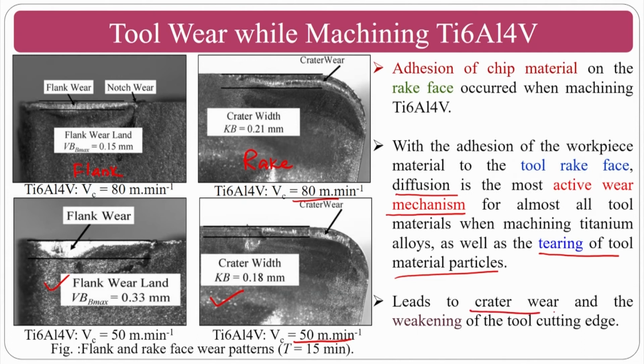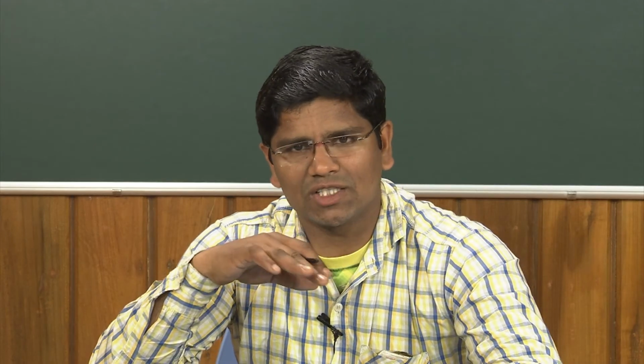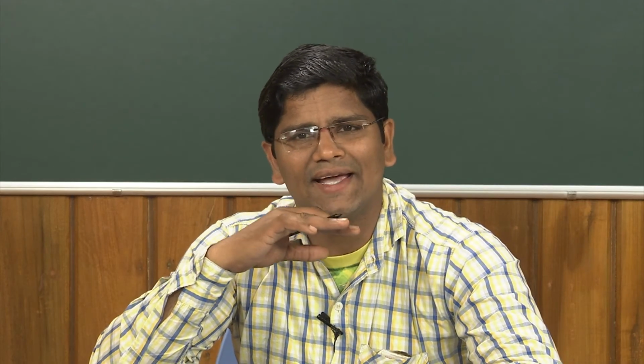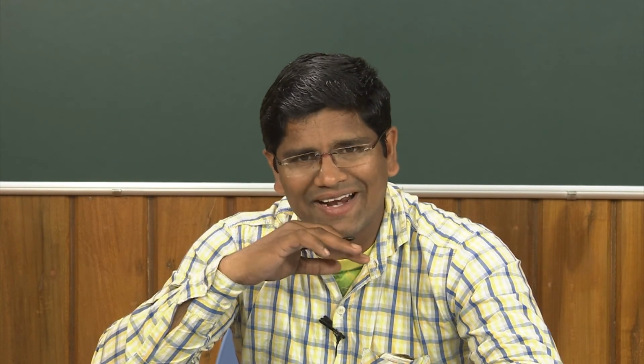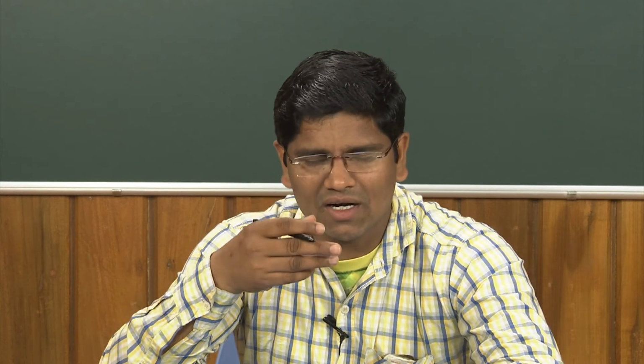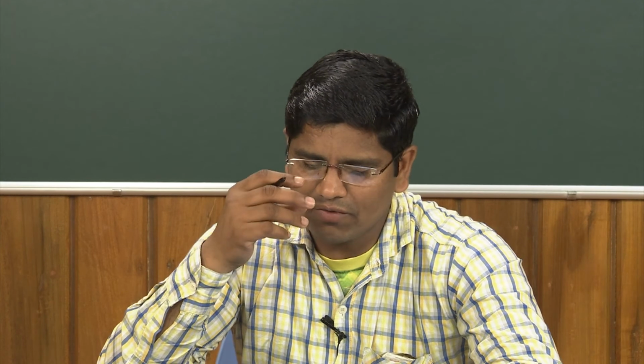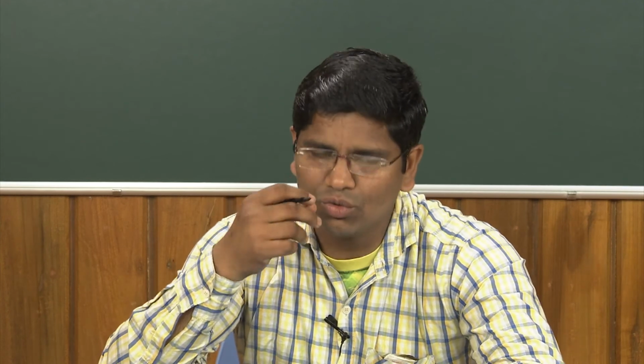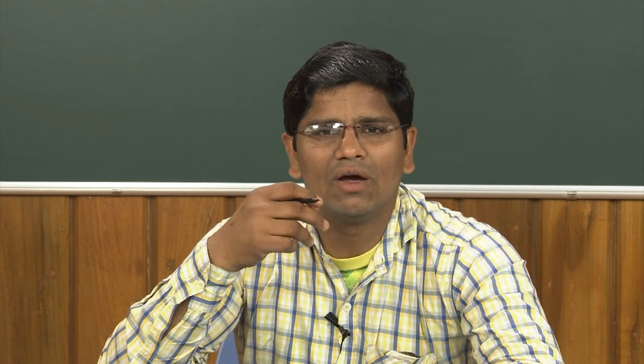This leads to crater wear and weakening of the cutting tool. Whenever the chip gradually takes the particles of the rake surface, that means the cutting tool particles, at a certain point of time the tool will become weaker.